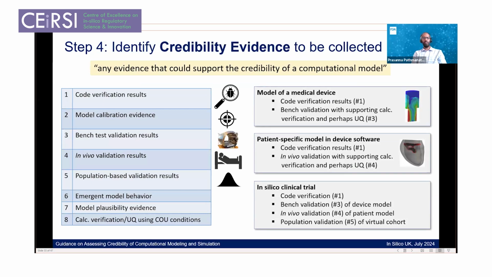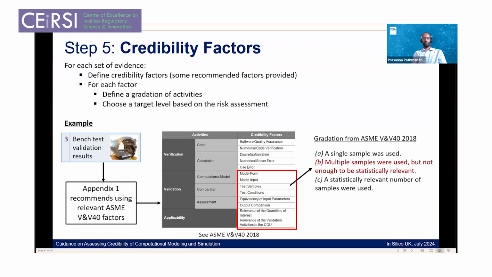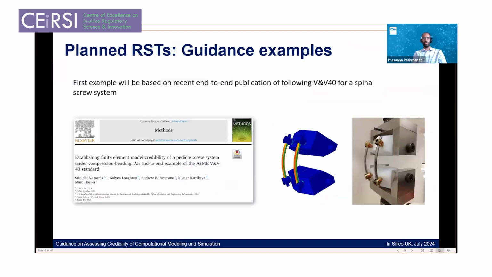So I mentioned that we have an ongoing project where we are trying to generate examples of following the guidance. And basically, ideally, we would slowly try and cover all these different cases. The first one, which, skipping forward, is going to be this case, is basically that first case. There's no patient model here, just a device model.